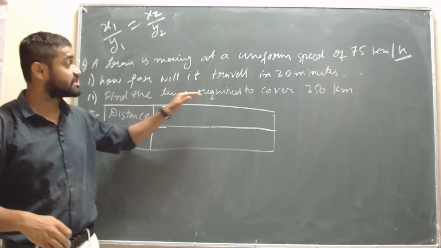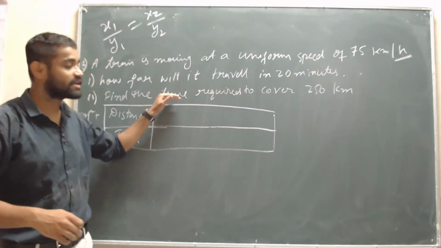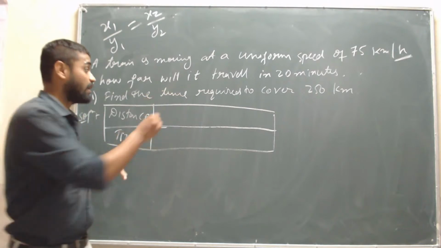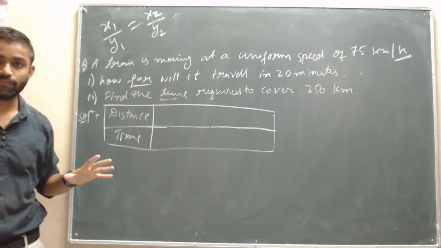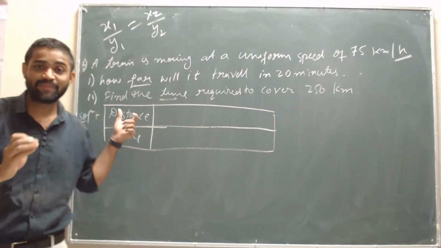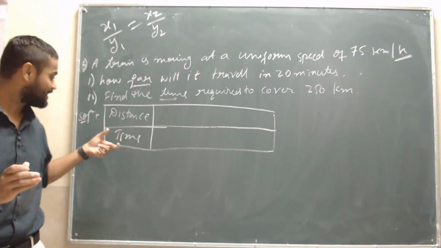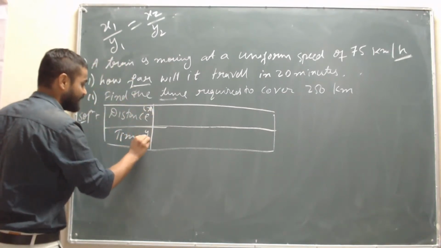And find the time required. Here we have to find out the time, and here is distance. Far means distance. So we have to make a table of distance as well as time. Let us take distance as x and time as y.